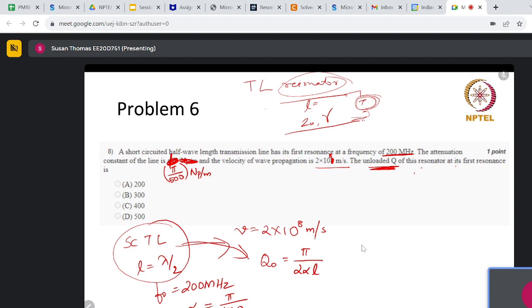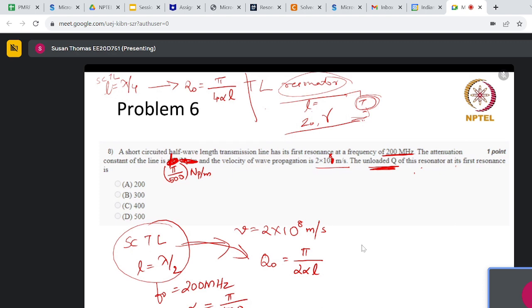Any idea, if the length is lambda by 4, short circuited transmission line, what is Q naught? It will be pi by 4 alpha l. Yes, okay. So just giving an idea of that.